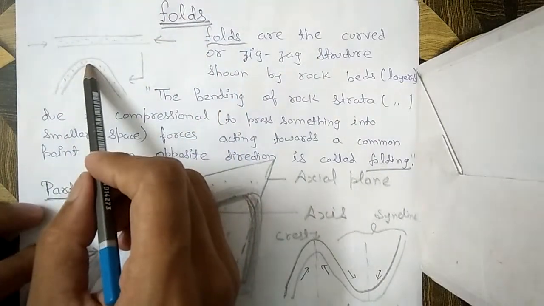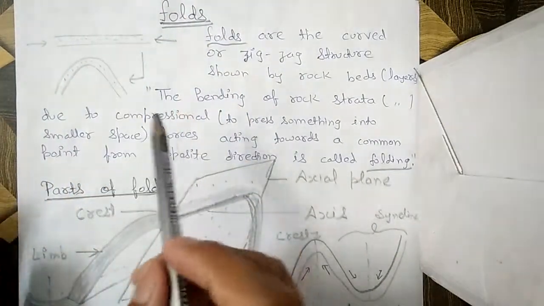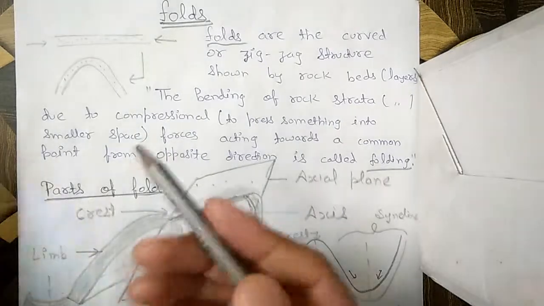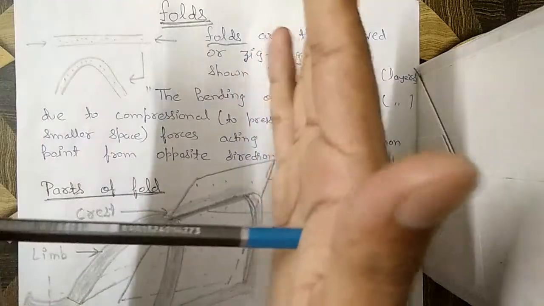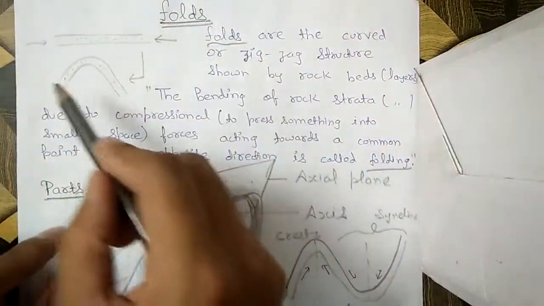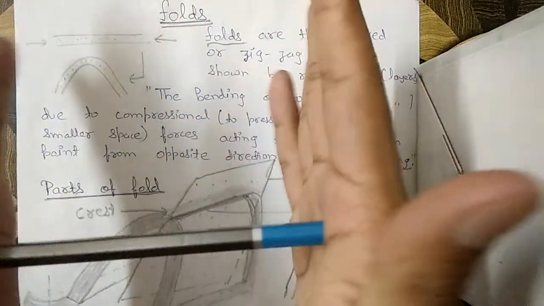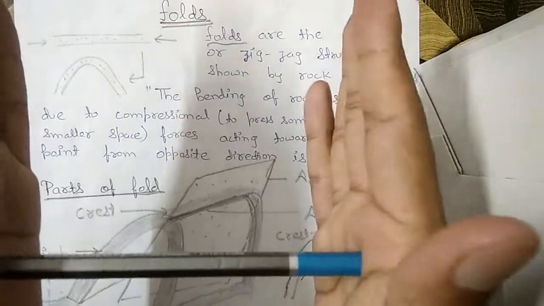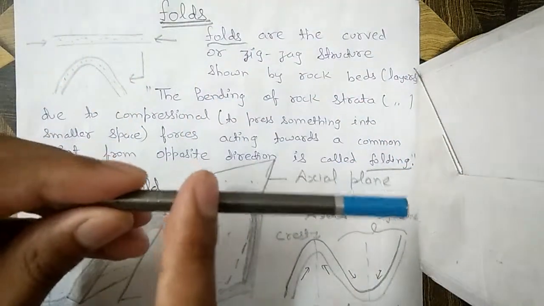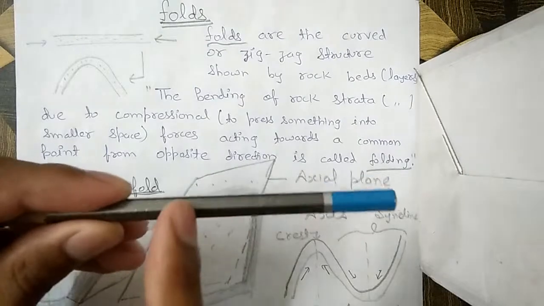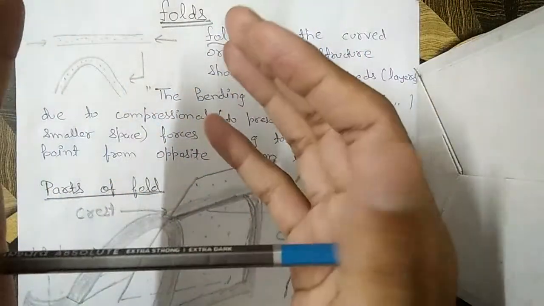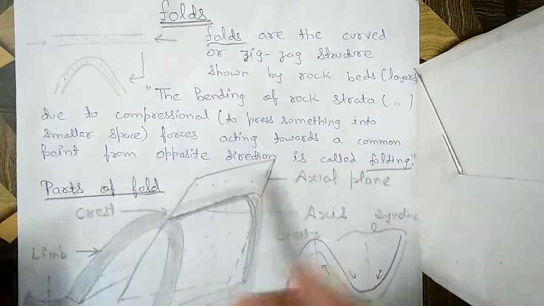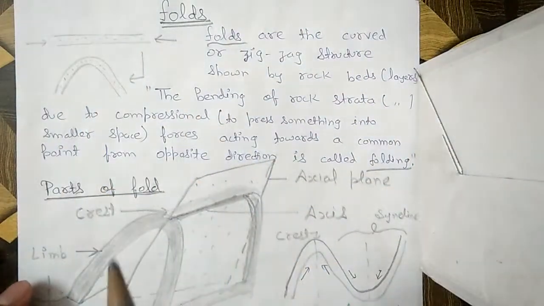Suppose it's a pencil and I bend it like this, and it becomes like this. So the bending of rock strata due to compressional forces acting towards a common point from opposite directions, one from this direction and the other from this direction, is called folding.